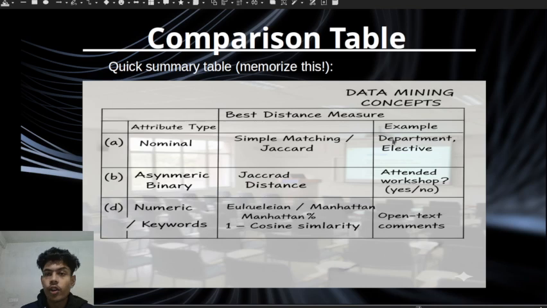This can be used for rare events, as I have mentioned, where someone has filled the form but not attended. This is a rare event. And for numeric and keywords: Euclidean, Manhattan, cosine similarity, Chebyshev, and one more method is there.